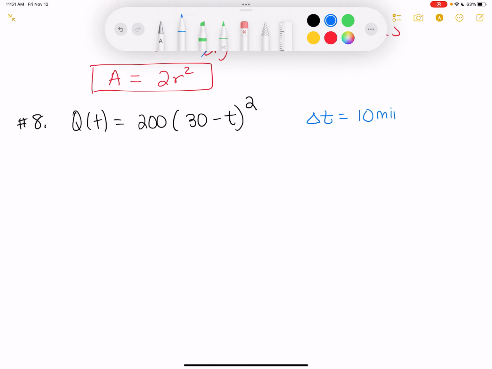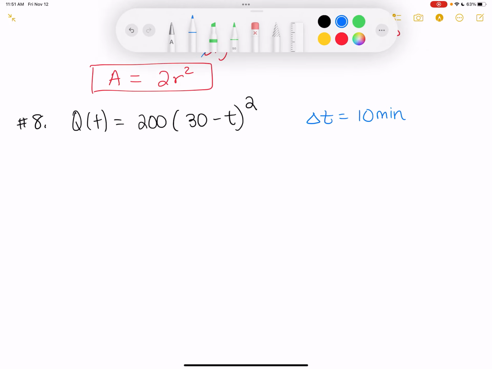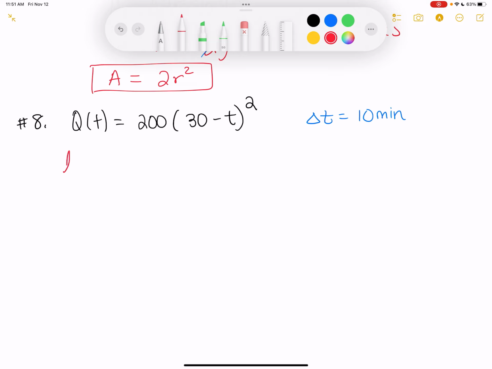So I'm going to have the limit as delta t approaches 0 of, on top, anywhere I see t, I'm putting t plus delta t. So it's going to be 200 times 30.